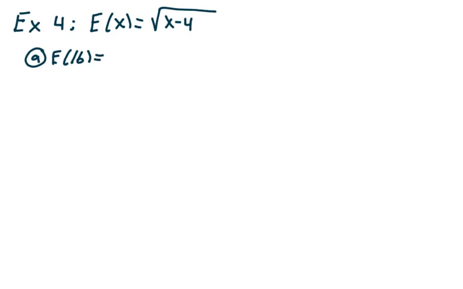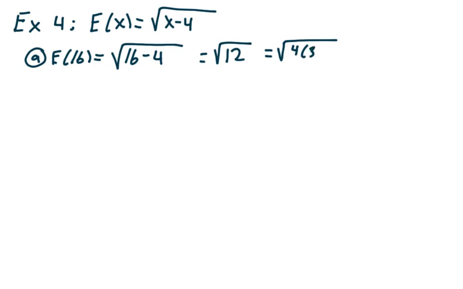So wherever I see an x, I'm going to plug in 16. But isn't 16 minus 4 12? Right? Now, remember, I can take the square root of 4 nicely. And remember, 4 goes into 12. So I'm going to write this as 4 times 3, right?